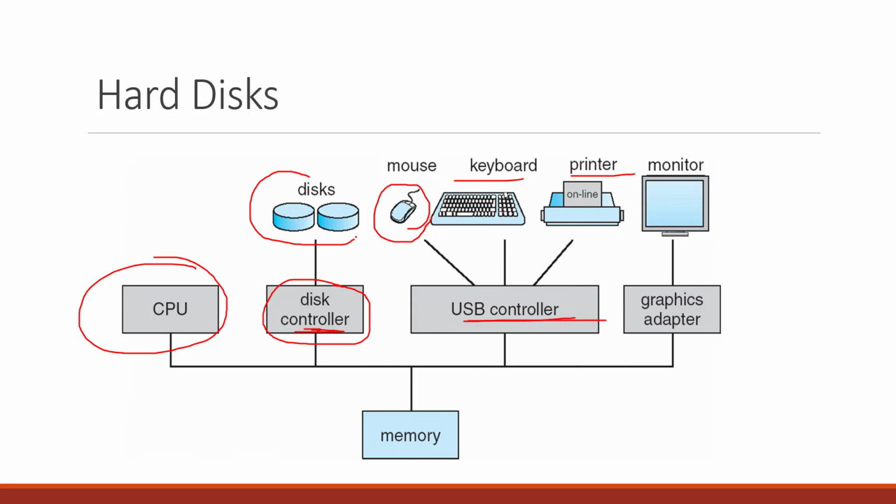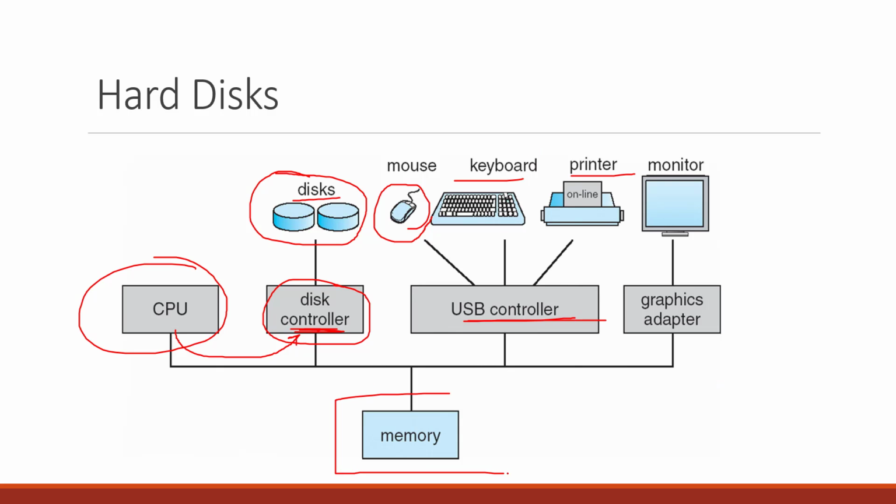And similarly for disks, there are different vendors in the world creating disks, but it has to be universal. There has to be some standard way of using this hard drive, and that is through the disk controller. So the CPU uses disk controllers to access the disks, and so on for other things.